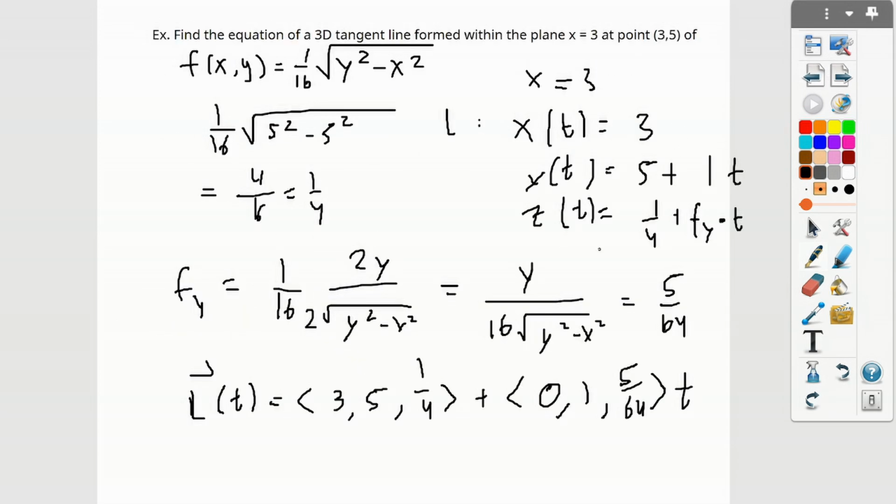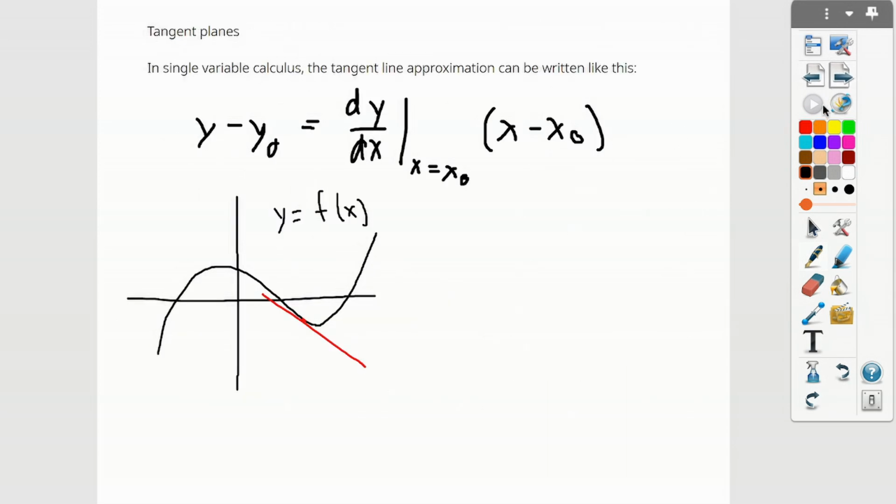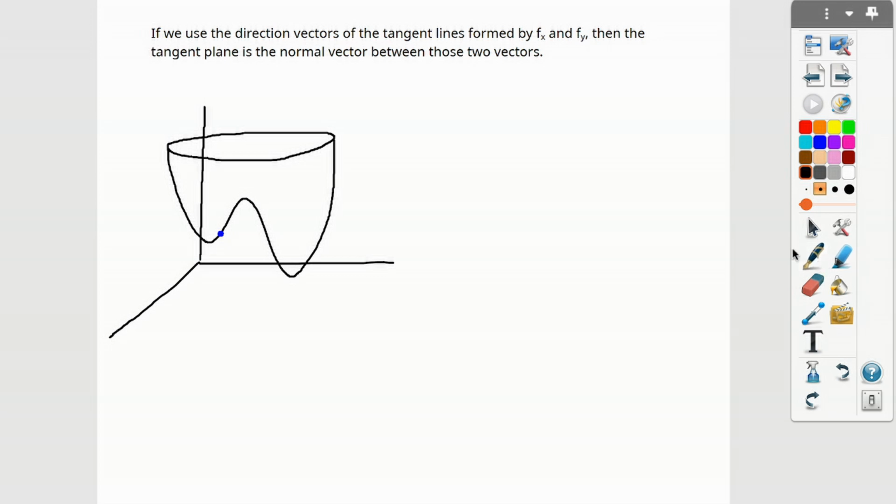Well, I've told you that for f sub y, you can get the direction vector in the y direction by having x not change, right? X won't change, 0, 1, and then f sub y. So that's your direction vector of the line in the y direction, which is at a particular x equals something.